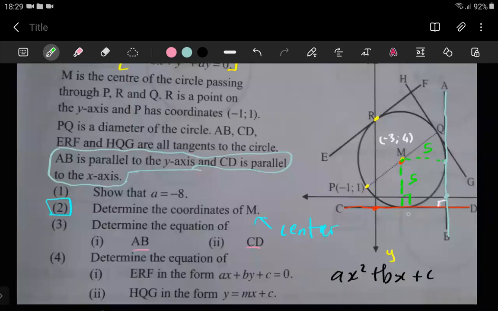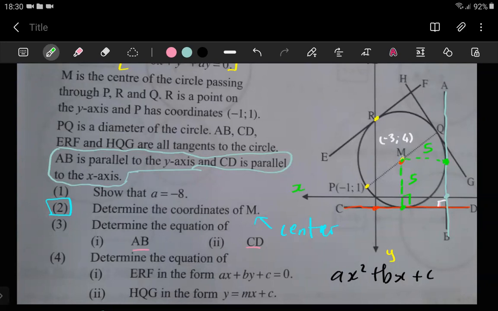If your tangent is parallel to the x-axis, it touches the circle at the point in line with the center. If this line is parallel to the y-axis, it touches the circle at this specific point here, aligned with your center. That's what's important about analytical geometry: you need to be able to use your image to get information. So you know the distance here is 5.